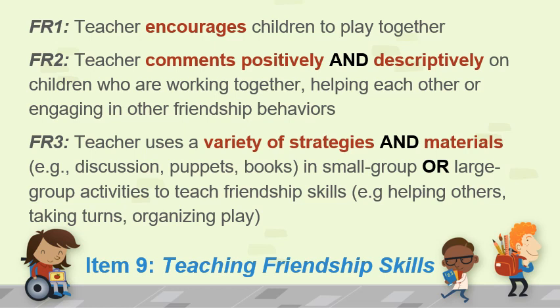So for this, they're looking for 2 materials mentioned, like discussion and puppets, or puppets and books, or discussion and books, or what other materials you might use. So 2 materials and 2 strategies.